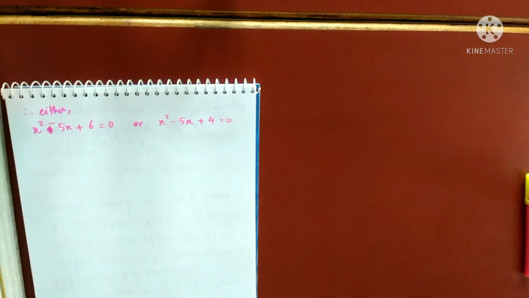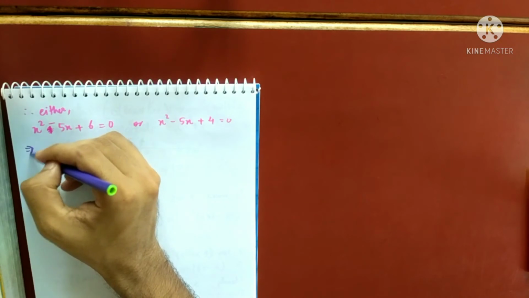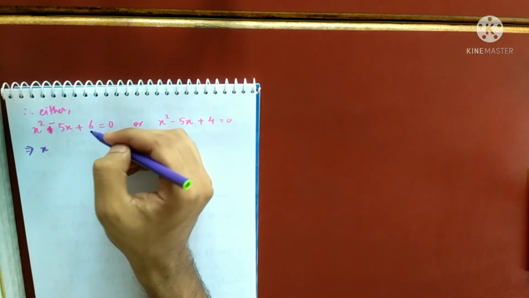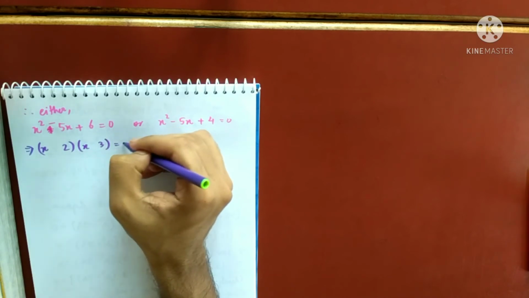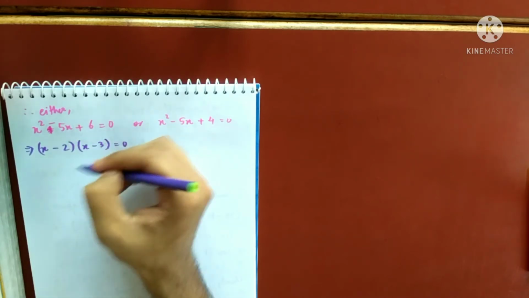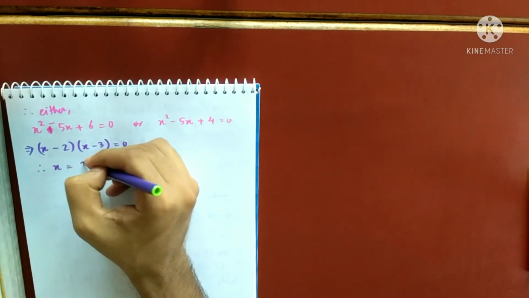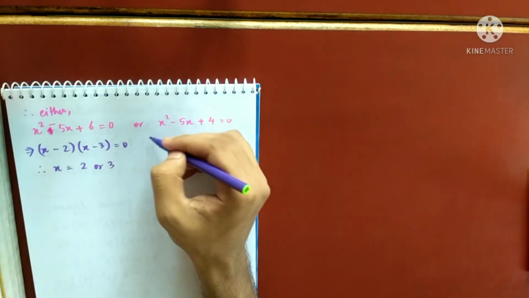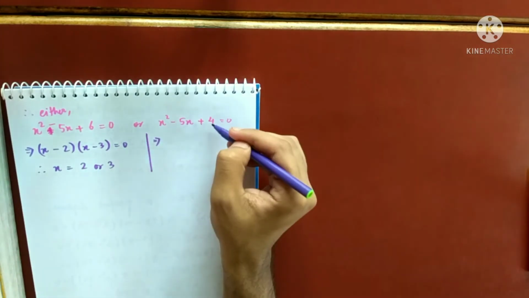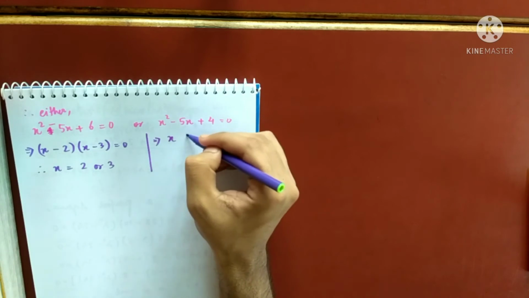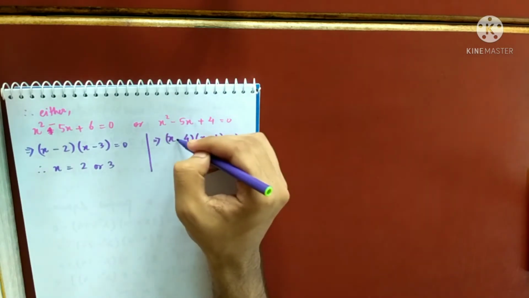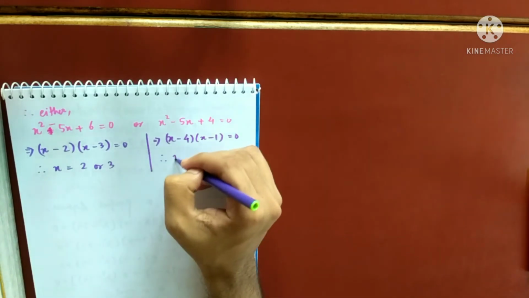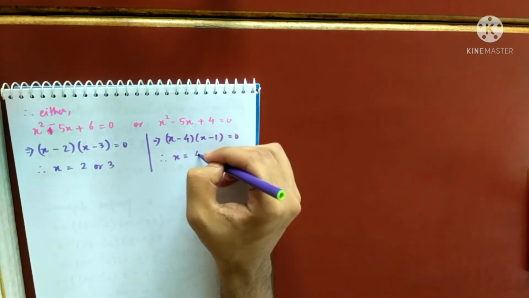You can clearly see you have to break 5 into 2 plus 3, and here should be a minus, so x equals 2 or 3 from here. And from here this is 4 plus 1, so 4 and 1, and this should be minus, so x equals 4 or 1.